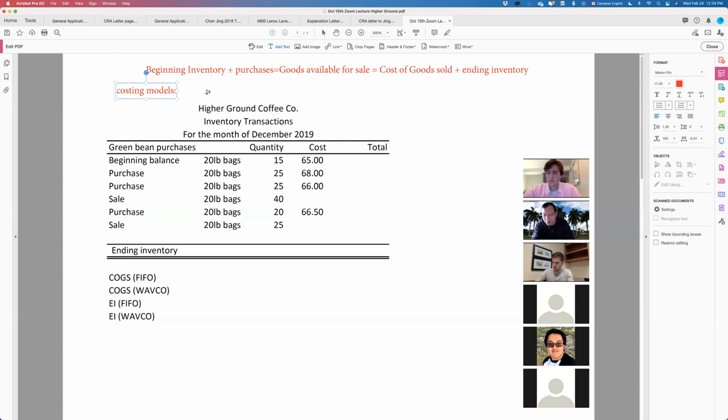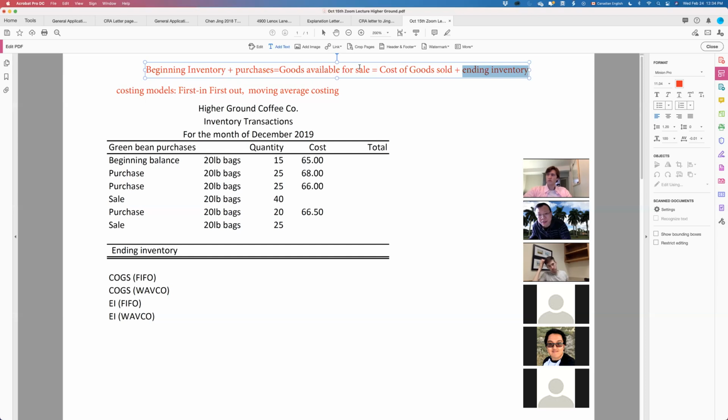The two common ones are first in, first out, and the other one is called moving average costing. These two methods will affect these two numbers.